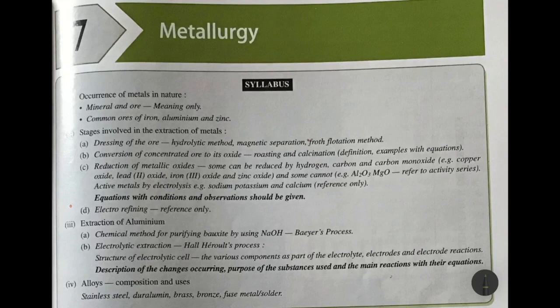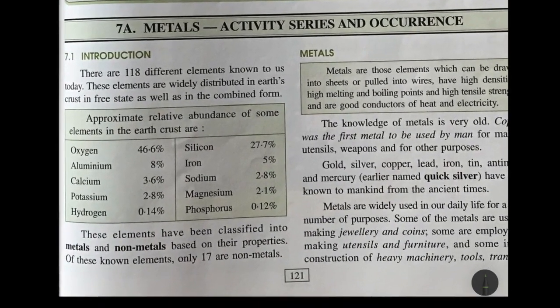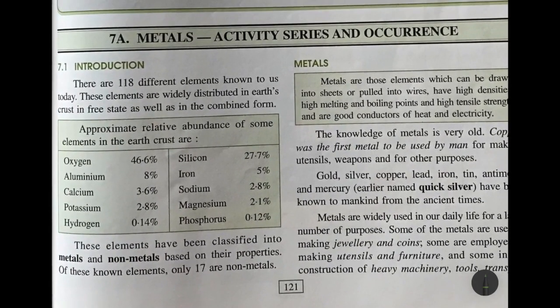So, here I am again to start a new chapter in chemistry. As you can see, we are going to start metallurgy today. Metallurgy actually means extraction of metals. Metals cannot exist free in nature because they are very reactive with water or with air, that is the oxygen.